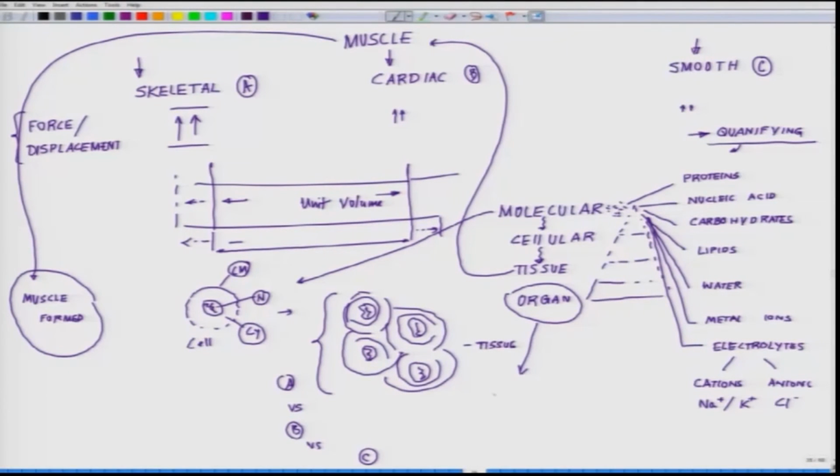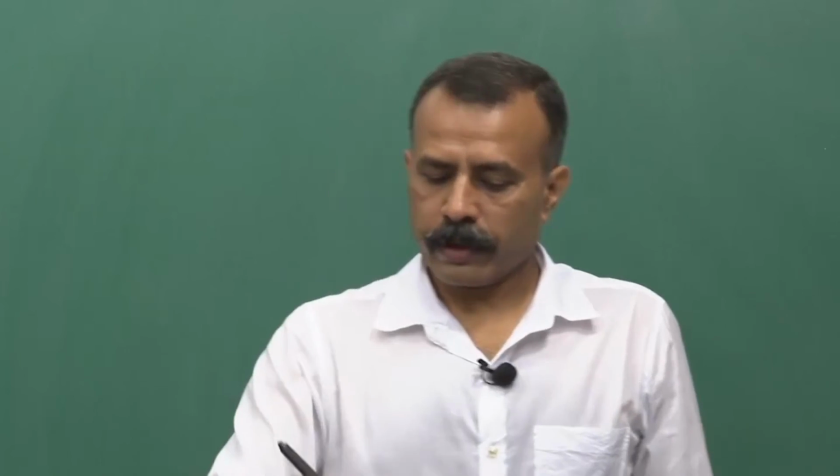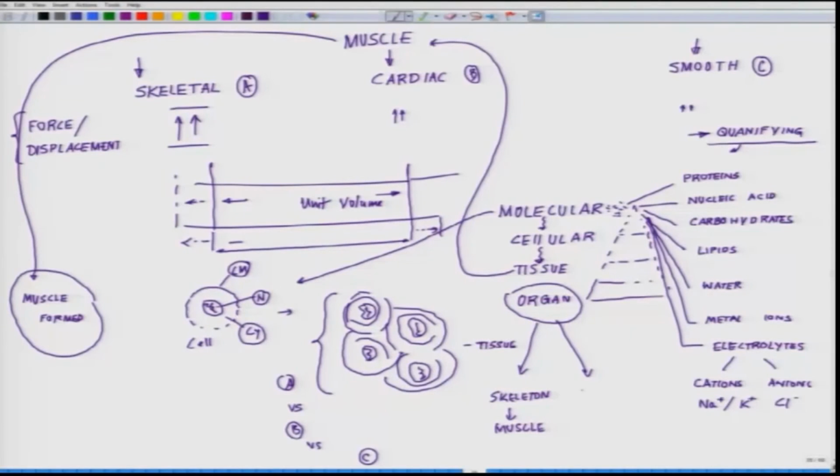We talked about the skeleton, and we talked about the muscle covering the skeleton, right? I started with that example. Second, we talked about the cardiac system, or your heart. We talked about the heart, which is an organ, and we talked about the cardiac muscle.